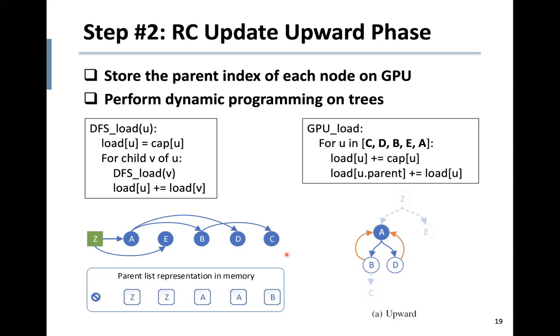After this flattening, we can easily traverse the tree from the leaves to the root. For example, we can iterate each node in this order: C, D, B, E, A, which is essentially the reverse order of this sequence, to compute the cumulative load of each node. And this can be done by one GPU thread.